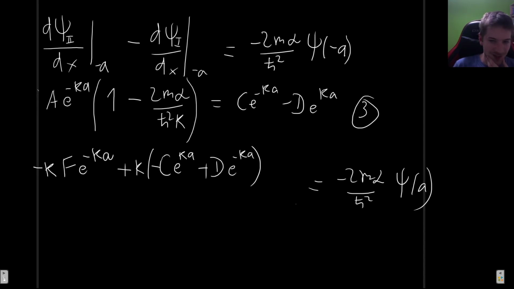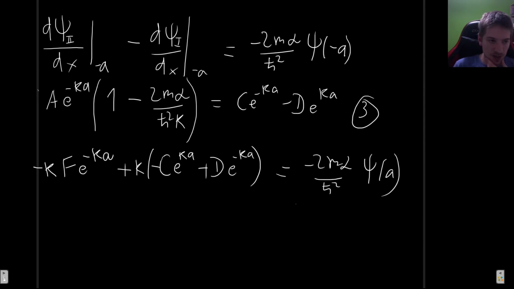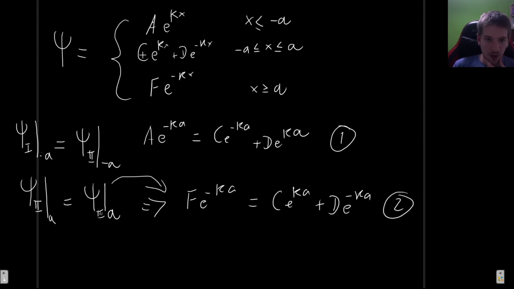I almost forgot, we still need to write something for this. So the easiest thing here is just to write this as f e to the minus ka, right? Because we could either take this part or this, but obviously this second one is just cleaner overall, so let's go for that.